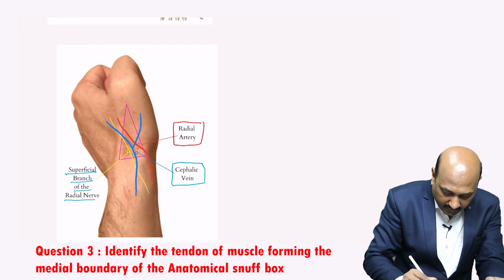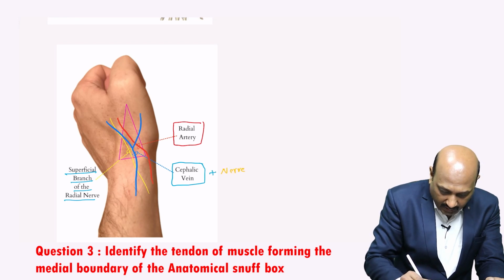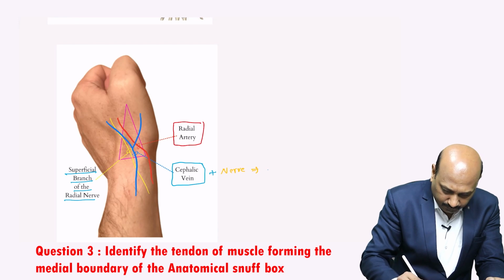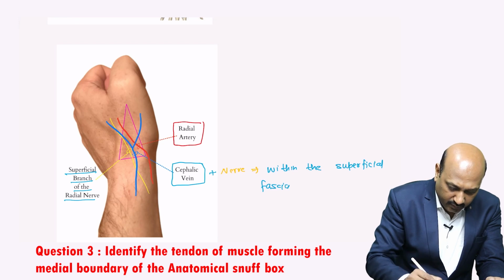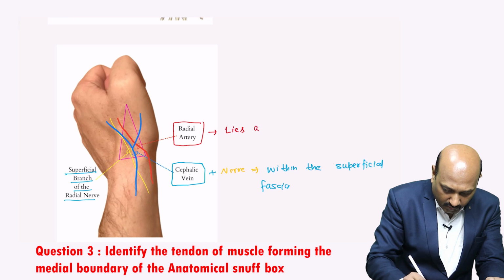So the cephalic vein plus the nerve are present within the superficial fascia, and the main content, the radial artery, lies across the floor.